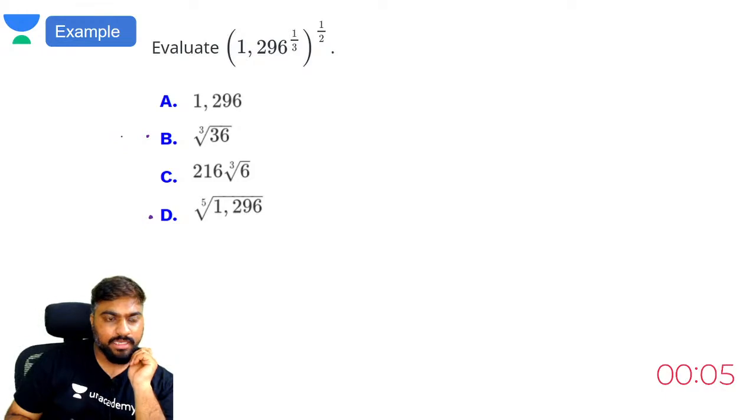Sneha also says B. Okay. Mansi says B. Very good. Anamika and Shubham are also saying B. Rima is saying C. Okay.